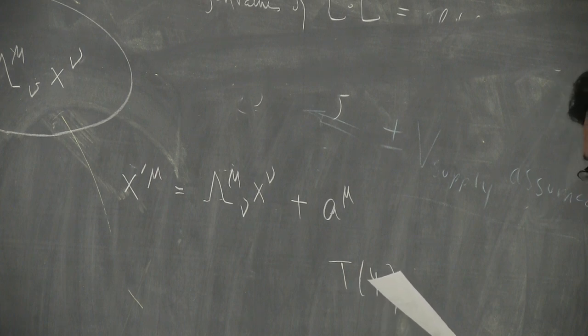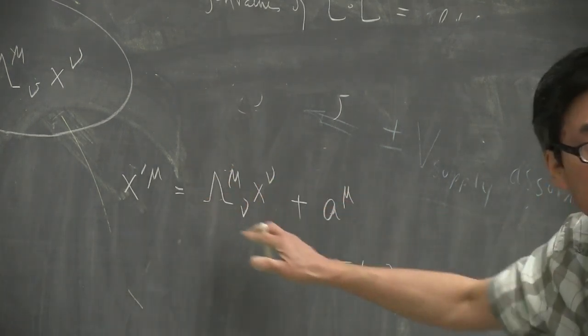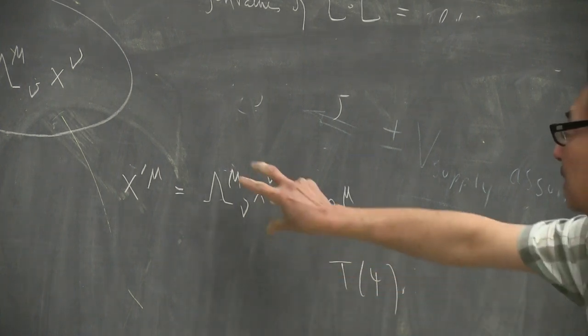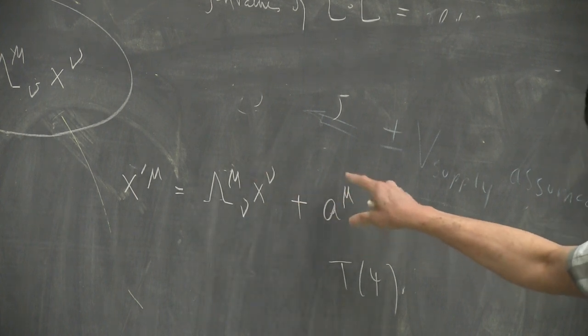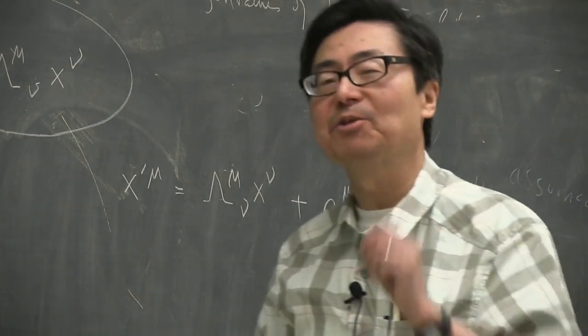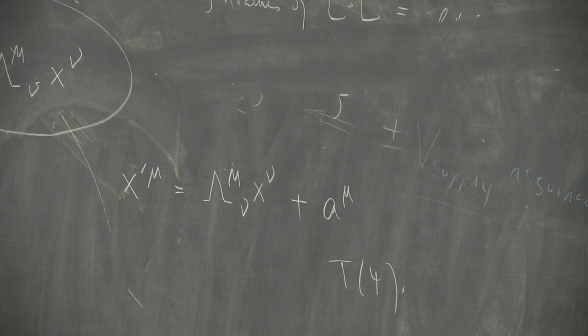And as such, you can show, I'm not going to do that explicitly, that it's a subgroup of the whole Poincare group, involving always the identity right here. And you can also show that it's a normal subgroup in the sense that we have discussed in the last chapter.